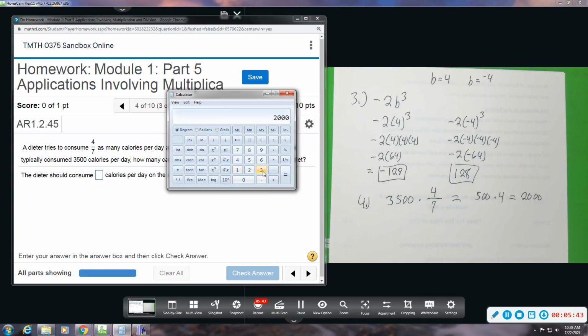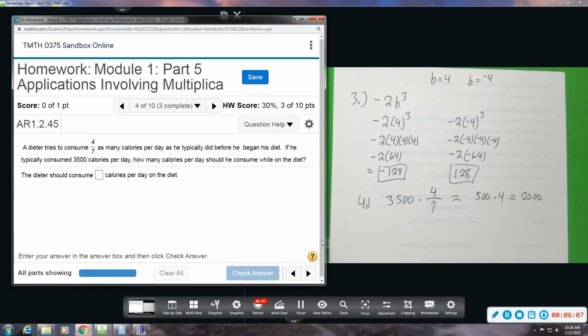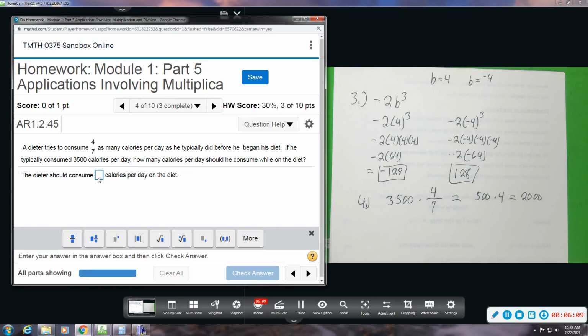Same thing, I did 35 divided by 7 first, and then I multiplied by 4. You still get 2,000. Multiplication and division are equal and opposite operations, so you do whichever one comes first, left or right. When they're stacked like this, you can do either, and they both will work out. So 2,000 calories.